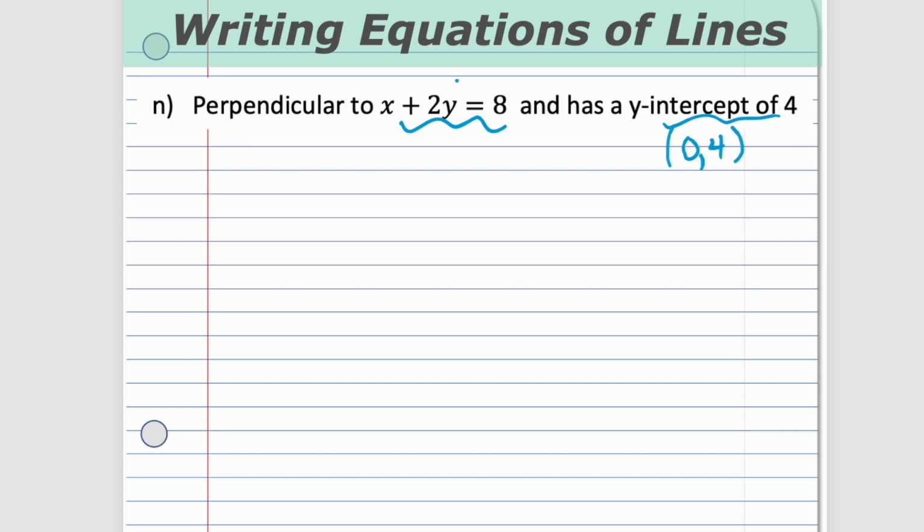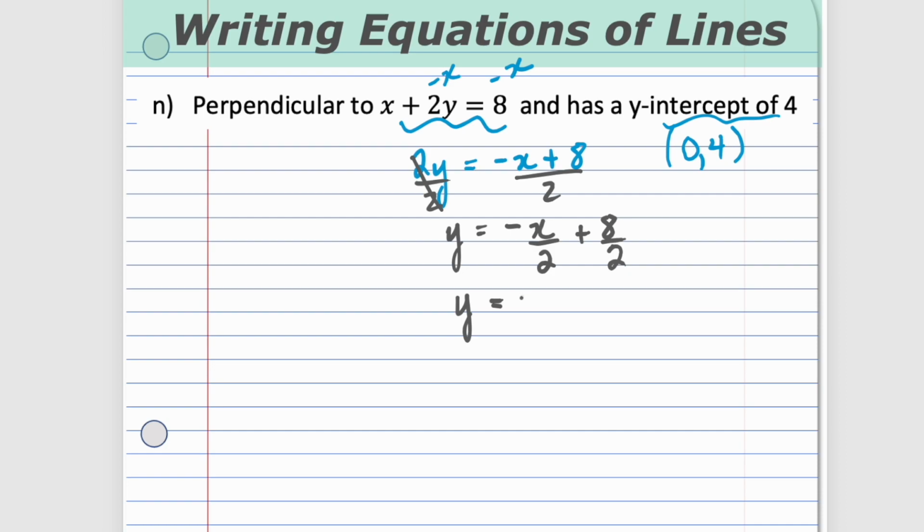Perpendicular, let's solve for y here by subtracting x both sides. 2y is equal to -x plus 8, and divide by 2. What we do to one side, we do to the other. We have -x over 2 plus 8 over 2, which you can skip that step if you like.